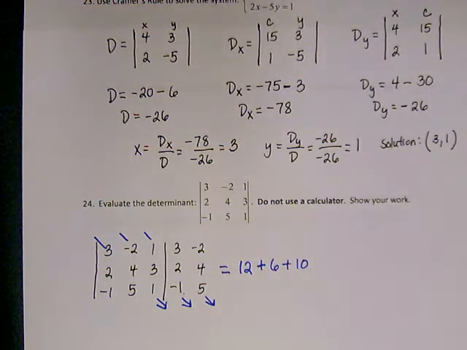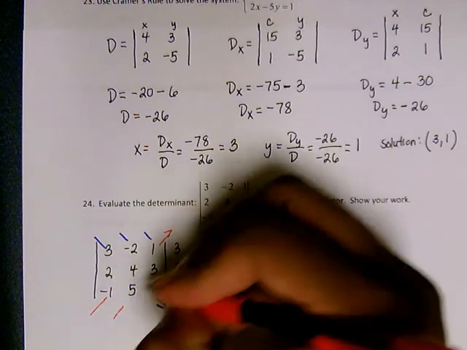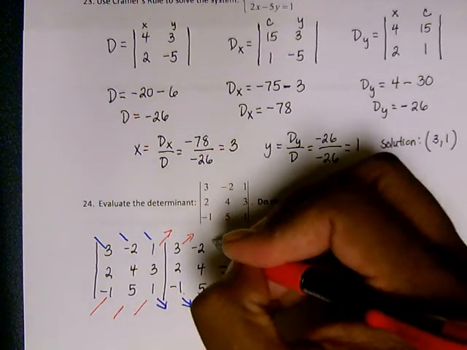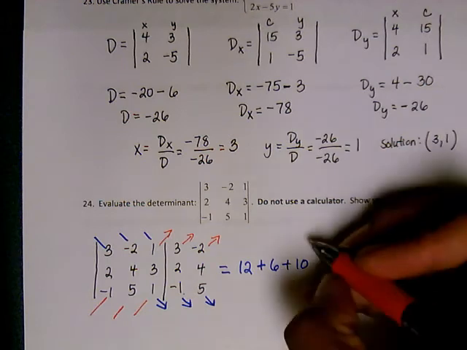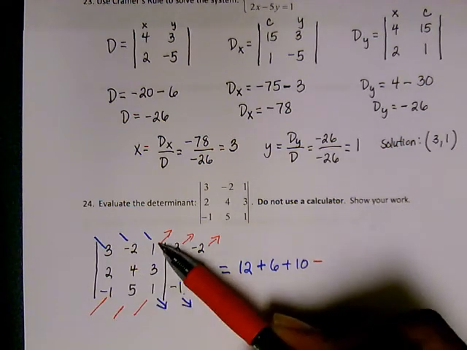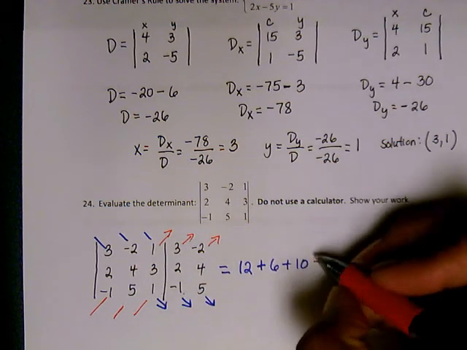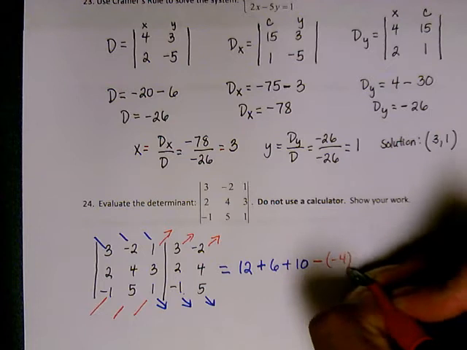Now I'm going to subtract the product of each diagonal going this way from the lower left to the upper right. So here I'm going to start off with a minus sign. This product, -1 times 4, that's -4, times 1, which is still going to be -4.